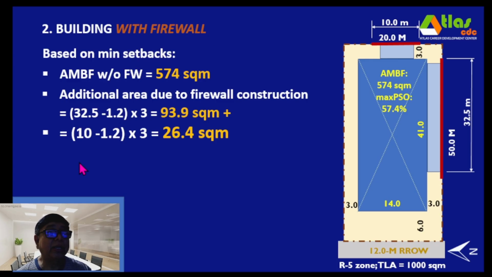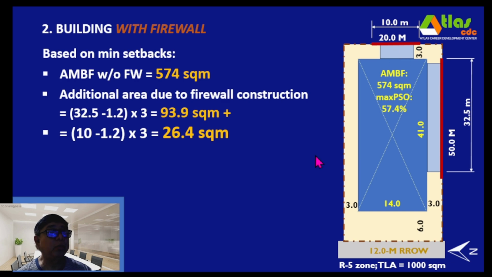And we add this also, it will be 10 meters minus 1.2, and multiply it by the 3 meters minimum width, will give you area for this one at 26.4 square meters.